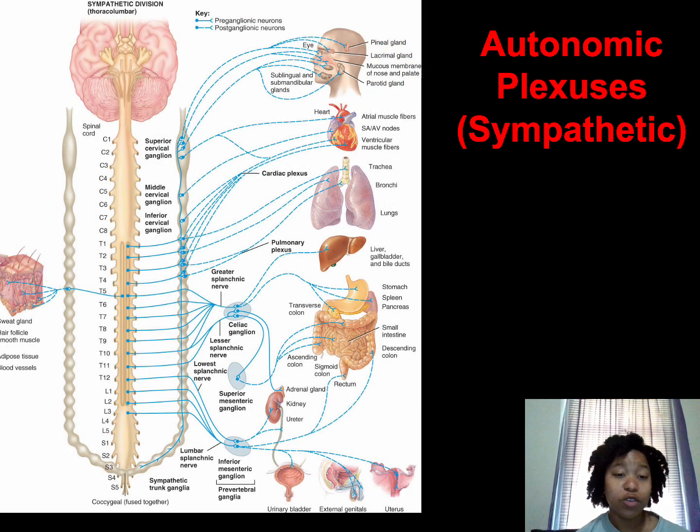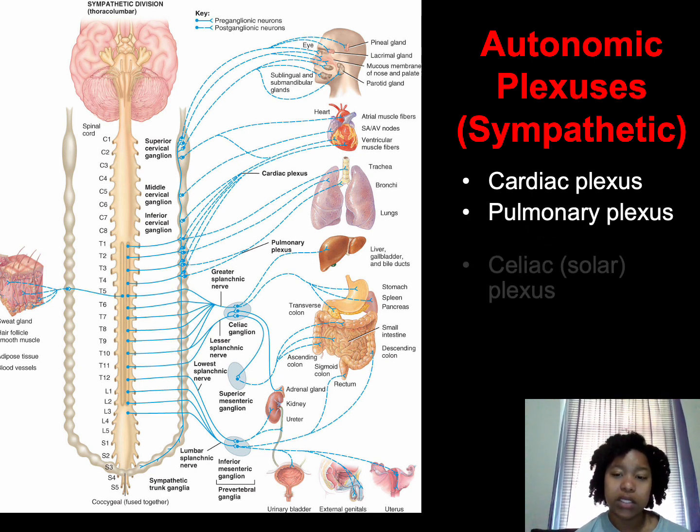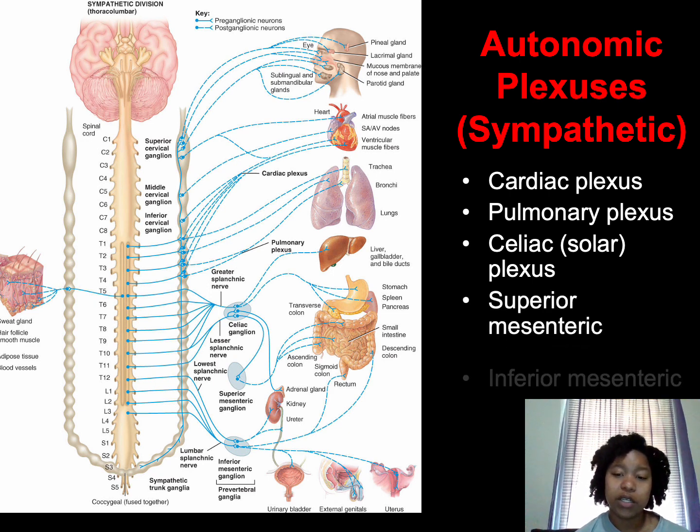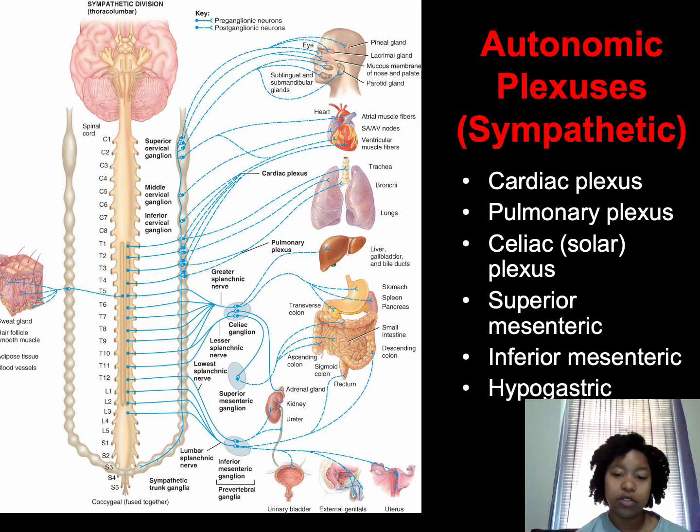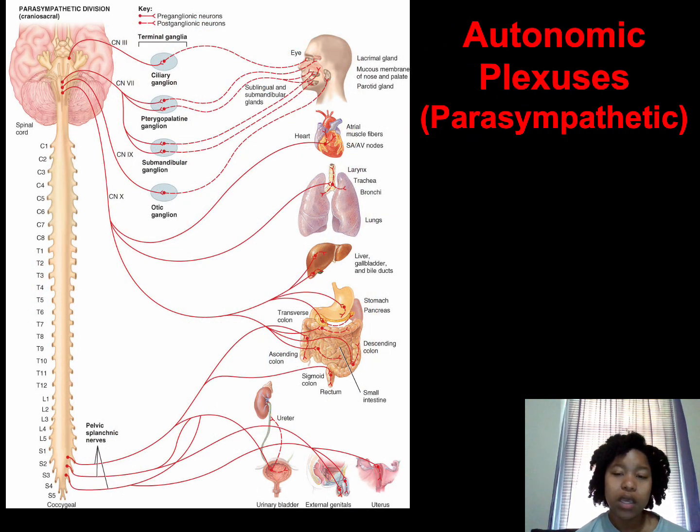The plexuses are also present in this picture. Like I said, these images are going to be really good for studying the material and figuring out where the ganglia are, as well as the specific innervations that take place, what they might go to, and what they cause in the different effector organs. For sympathetic, you'll see the cardiac plexus, the pulmonary plexus, the celiac or solar plexus, the superior mesenteric plexus, the inferior mesenteric plexus, as well as the hypogastric.